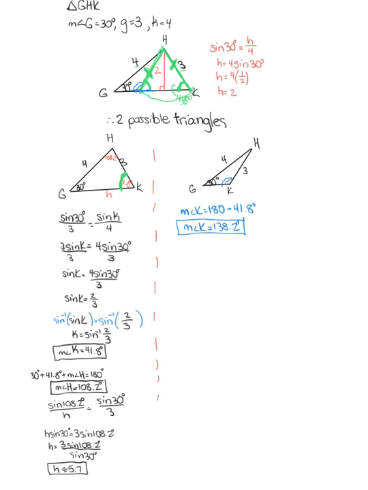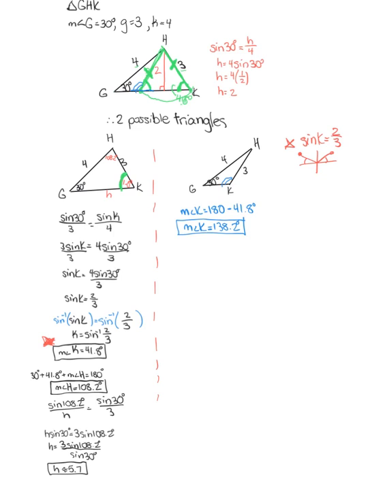Now, the other way we could have gotten that was to remember that when we got to this point here on our first triangle, whenever we take the sine inverse of both sides, we really have two answers, right? So sine of K is equal to positive 2/3. As a side note, this little star I'm going to do right over here. Sine of K is equal to positive 2/3 in quadrant 1 and quadrant 2.